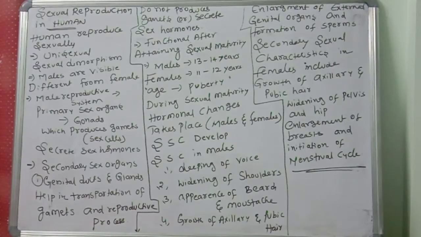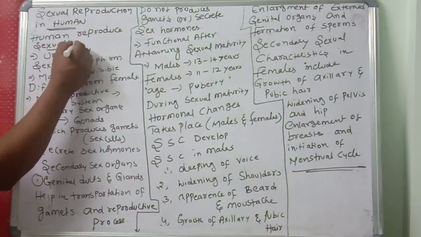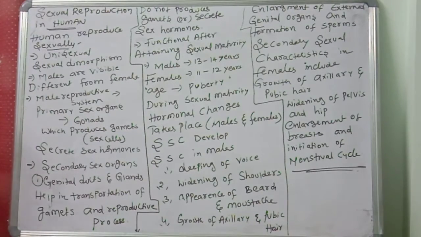Okay, children, now we will discuss sexual reproduction in humans. Today we will discuss the introduction part. Then tomorrow we will go to the complete systems, the male reproductive system and the female reproductive system. Humans reproduce sexually.